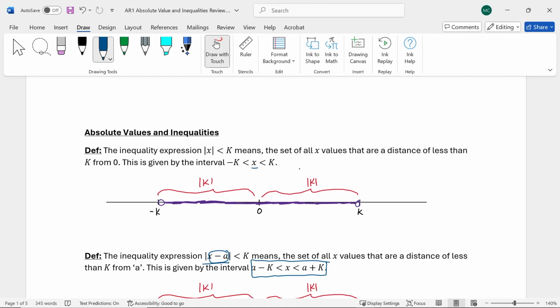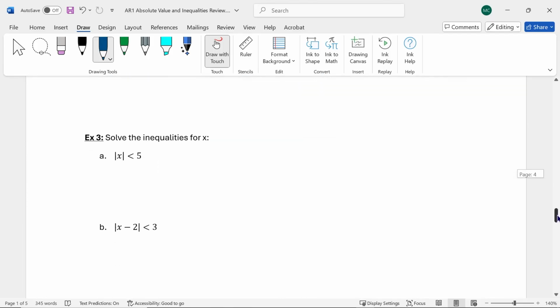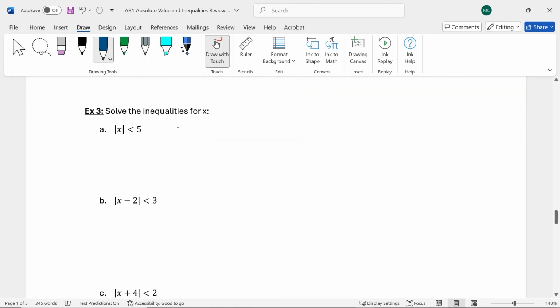So anytime we try to solve an inequality of this form, we're always going to start by taking whatever is inside the absolute value and setting it between the positive and negative bounds of this number. So when I have the absolute value of x is less than 5, that immediately implies that x is between negative 5 and 5. And I'm done.